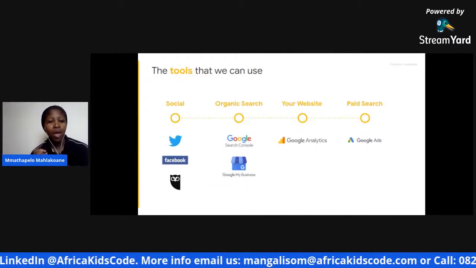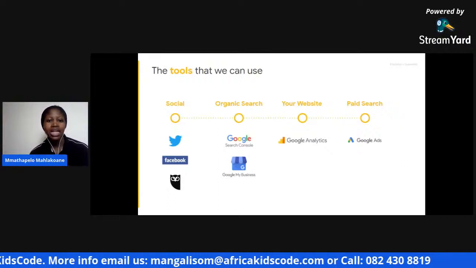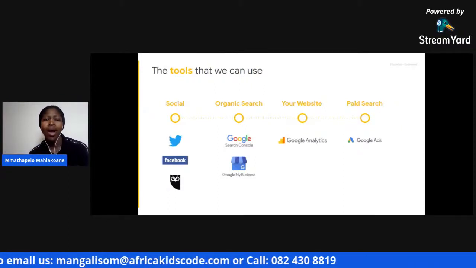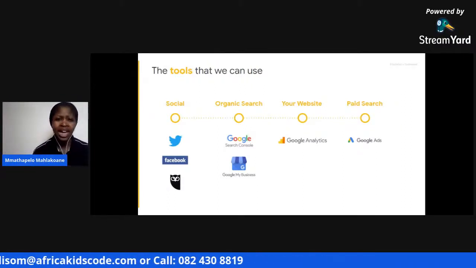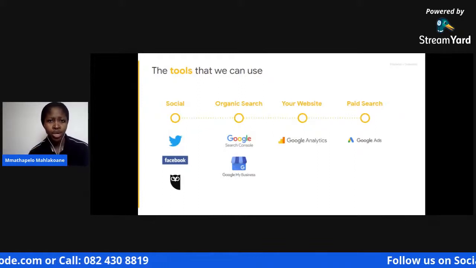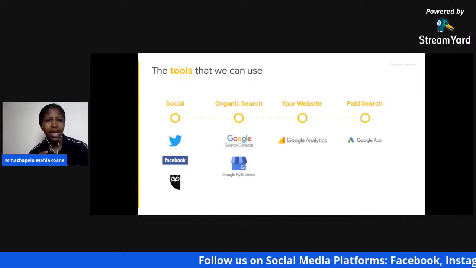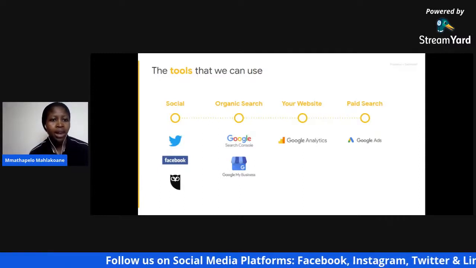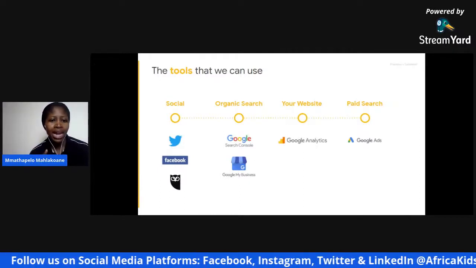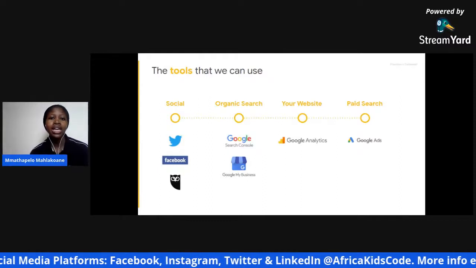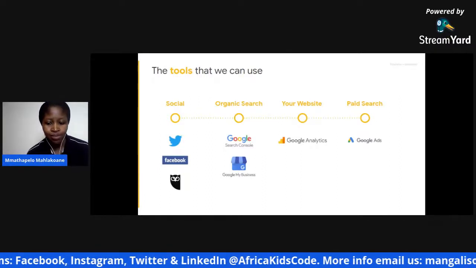We can also use the website for analytics, whereby we will know what is working and what is not, and how many clicks are being made there. And we can also use paid search, which is for Google Ads.